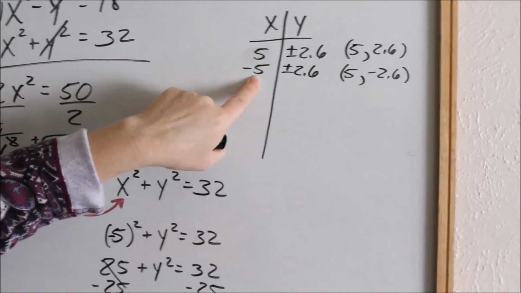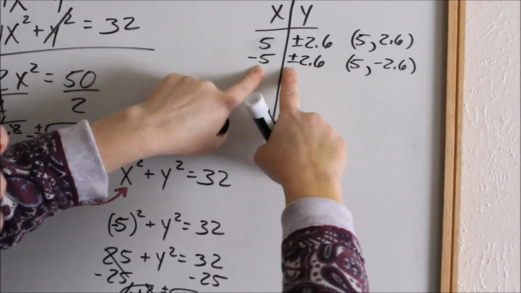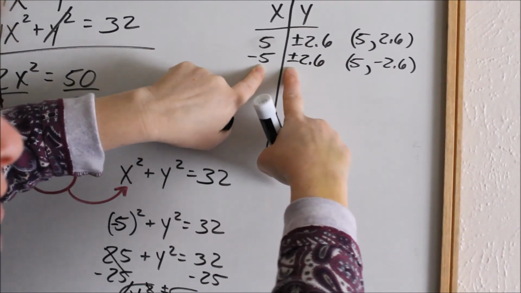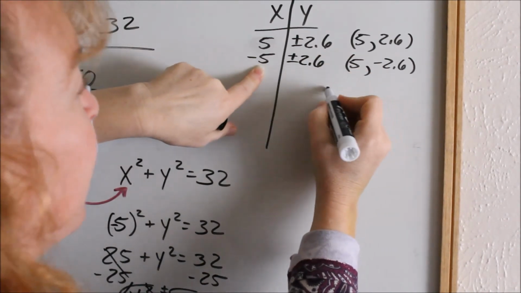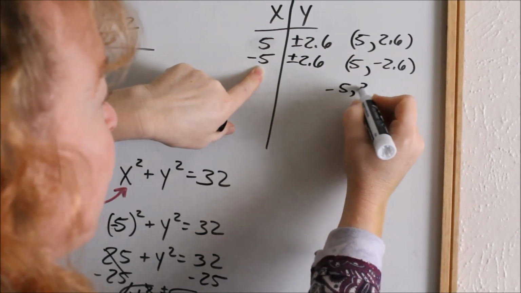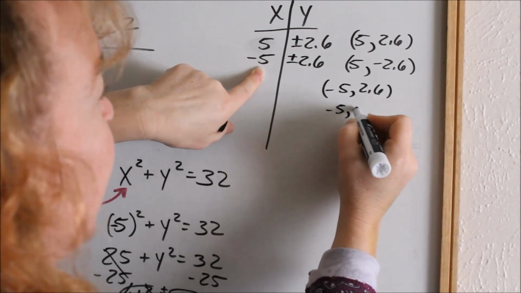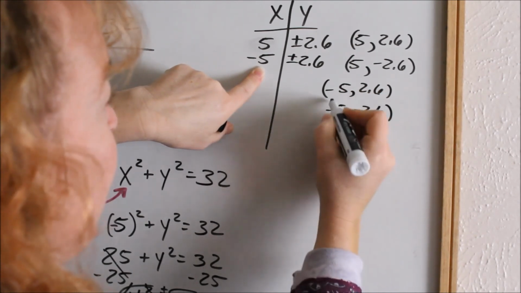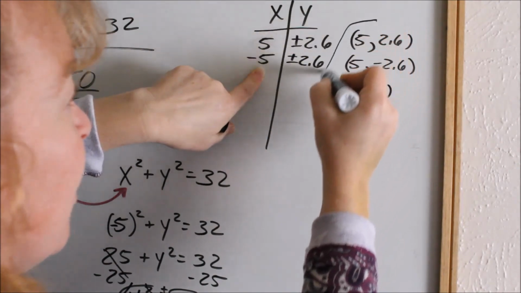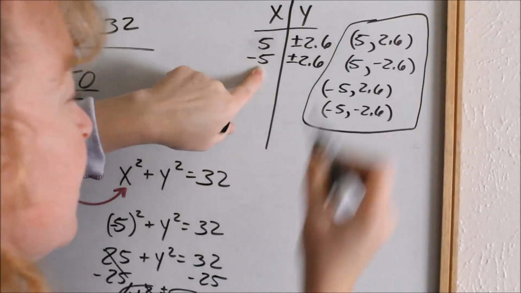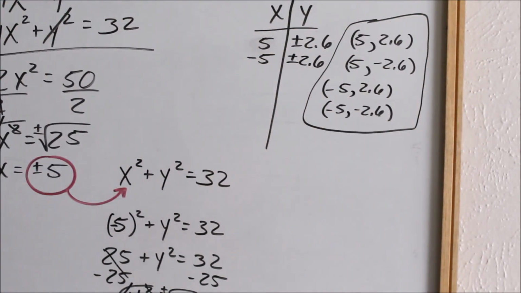So when x is a negative 5, I got a y value of plus or minus 2.6. What does that mean? When x is negative 5, I got a positive value of 2.6. When x is negative 5, I got a negative 2.6 as well. So these are my 4 points that should match my graph.